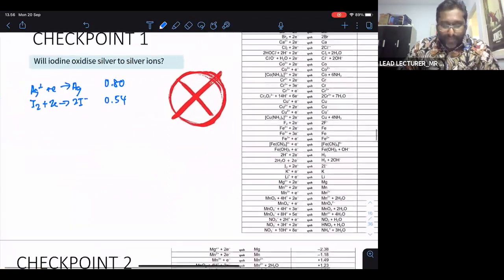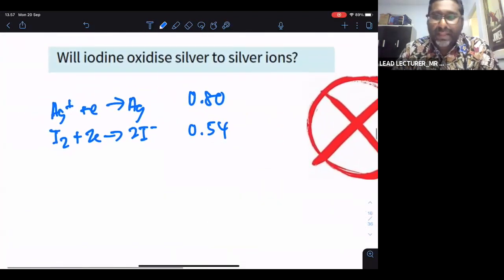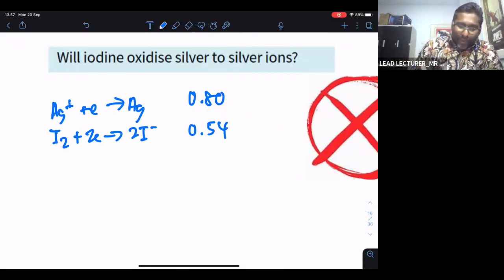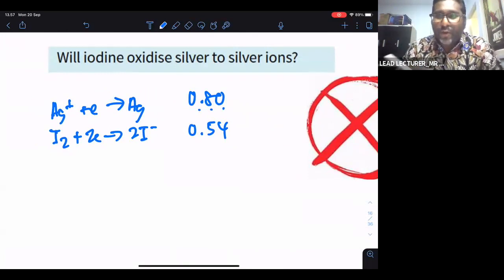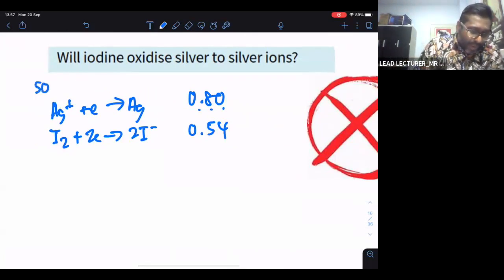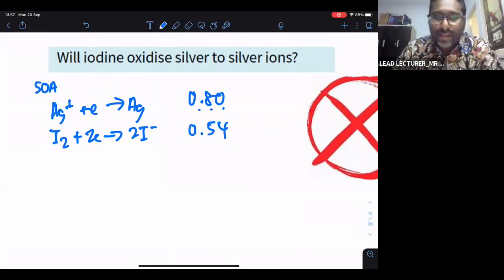Let's try method number 1. What is that method? In this case, if I rearrange accordingly, you can see the one on top is actually 0.80, and this is going to be SOA, strong oxidizing agent.